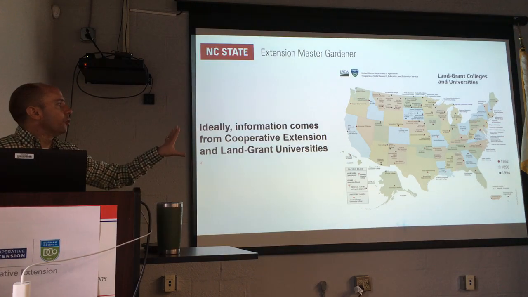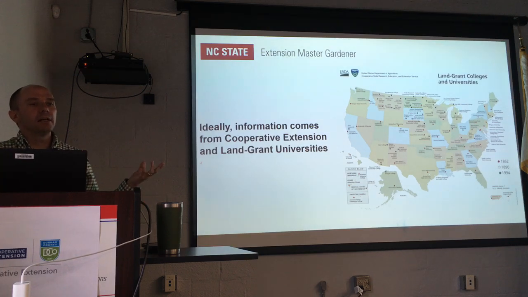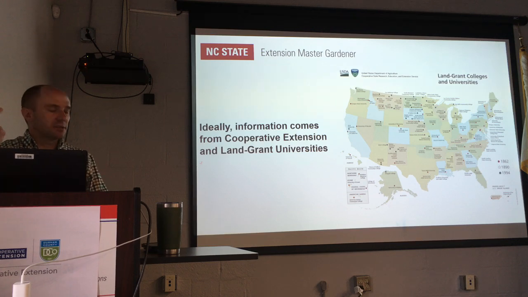Knowing what the land grant university is in each state can be helpful, so you can narrow down your searches further. In North Carolina, that's NC State and NC A&T State. And it's perfectly valid to get material from Clemson, the extension university in South Carolina, because we work in a similar region with similar problems, and they have a lot of great publications.